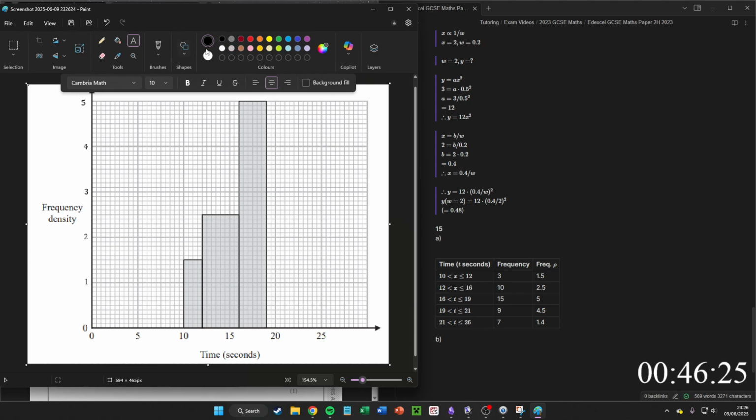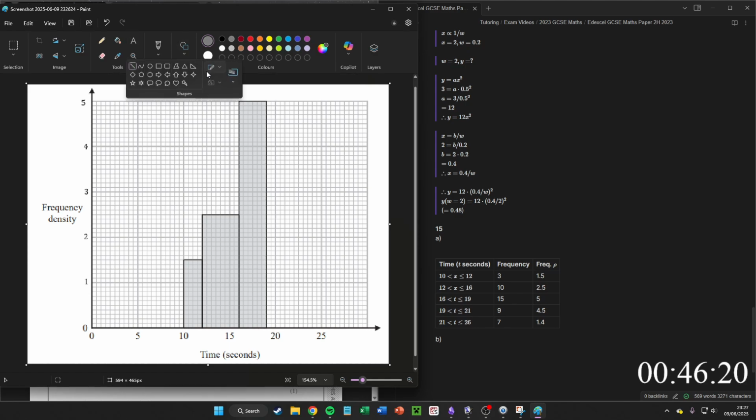So I'll use a thin grey line. Yeah, and then we're going to do 4.5, and that is 19 to 21. So 21 is clearly 2 boxes over, and it's 4.5, so that's up to there, and then we can go across. It's far too much being finicky there. And then 7, this is 21 to 26, this is 2 to the right of 25, and that goes up to 1.4.